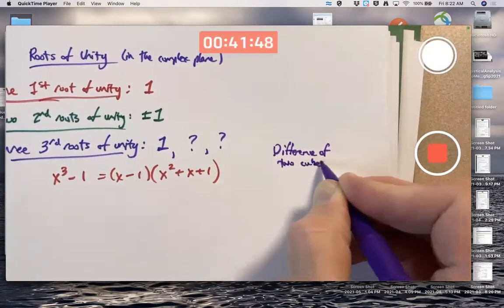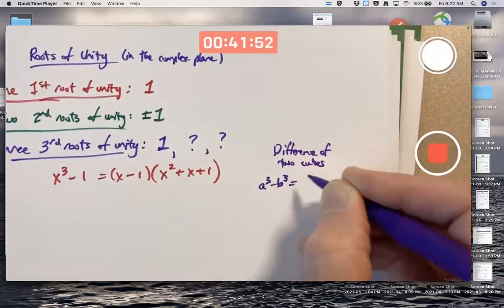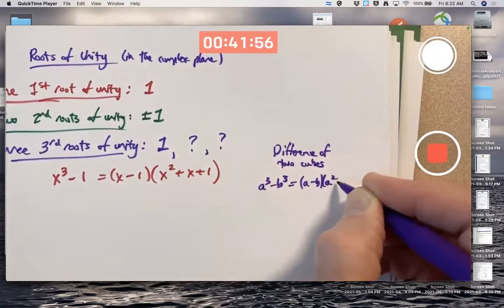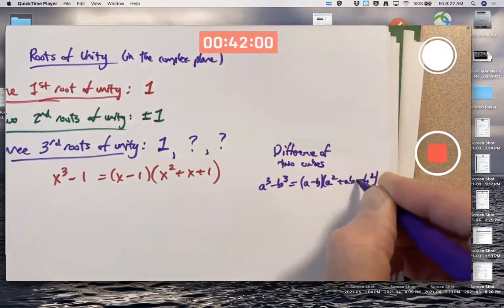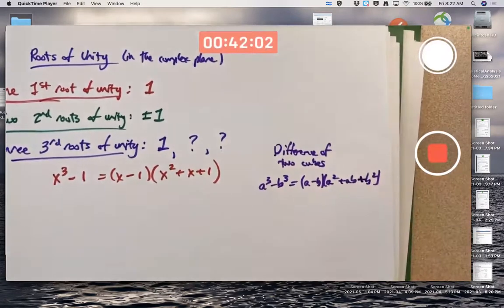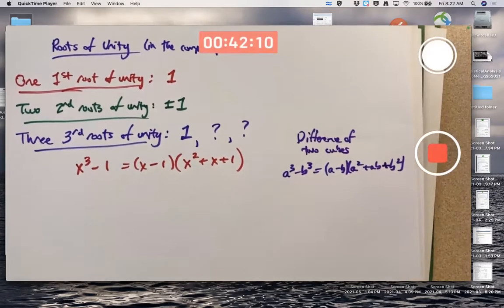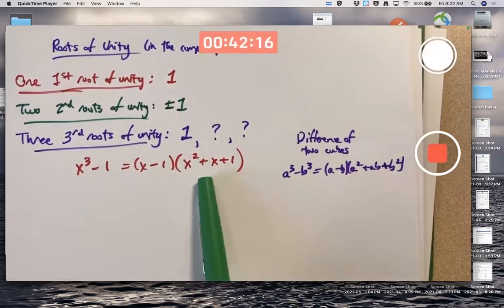If you call the cubes a cubed and b cubed, you can always factor that as a minus b times a squared plus ab plus b squared. You can check that. That works. So I'm applying that formula here with a equal to x and b equal to 1. So I guess the other two roots must be roots of this quadratic.